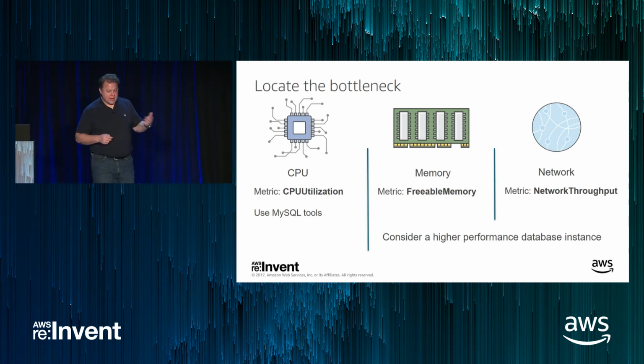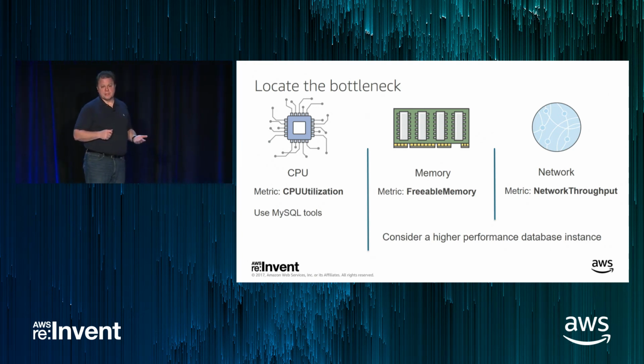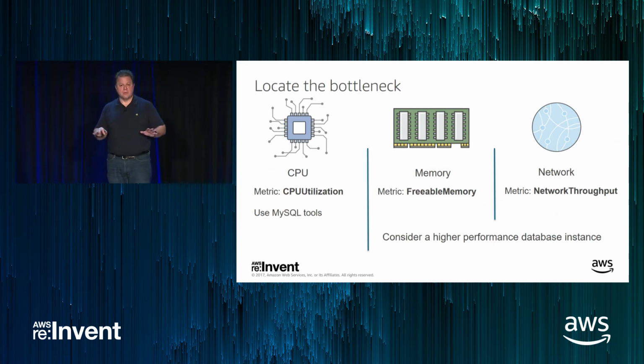And so for that, we generally suggest that you use the same MySQL tools that you use today to diagnose performance problems in your existing MySQL environment. Again, it's very important to remember that Aurora MySQL is, as far as the application is concerned, MySQL 5.6. We do a lot of stuff on the back end that really improves performance, but as far as the wire compatibility and the tools that work with it, it is still MySQL 5.6.